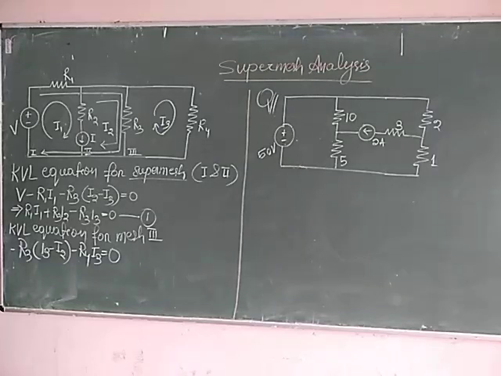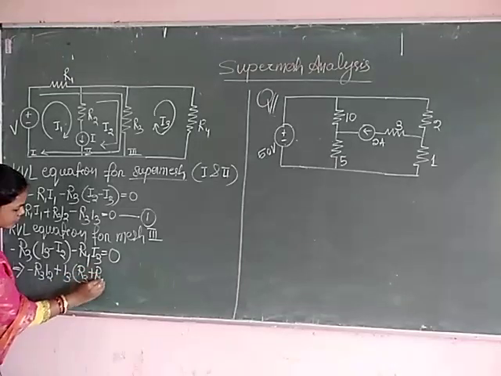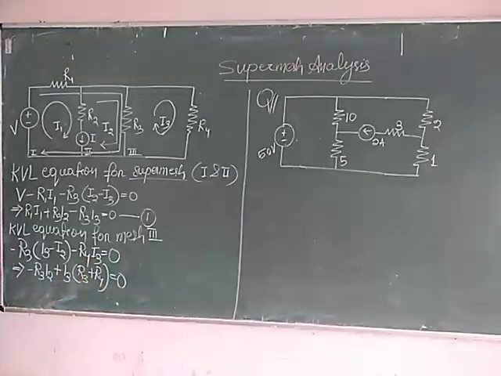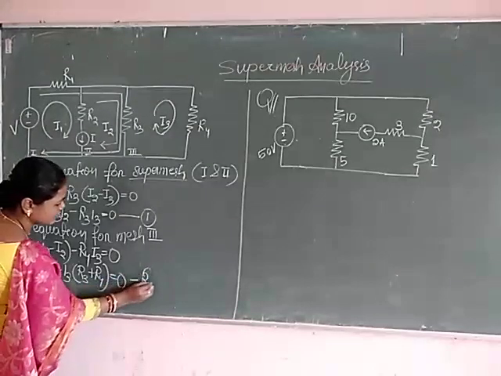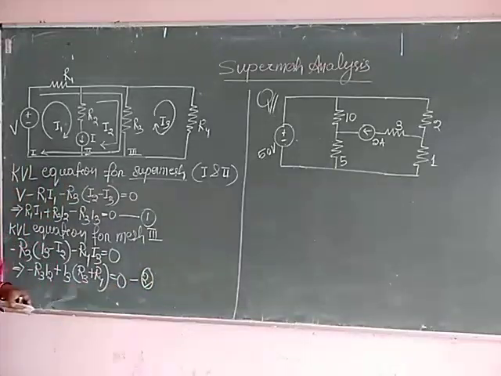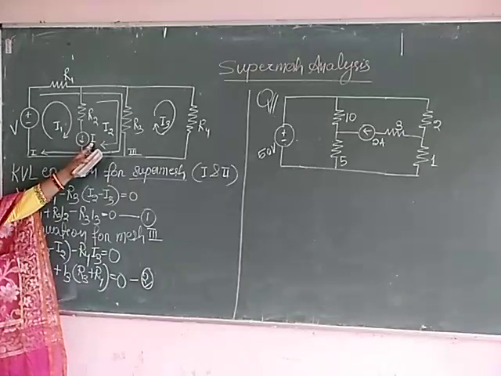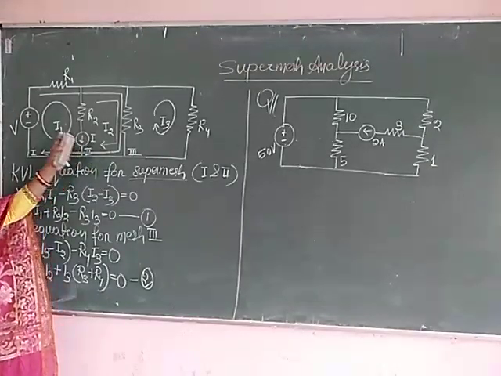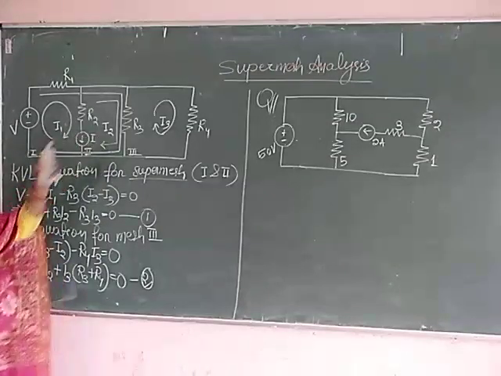If you simplify this equation, you get, take it as equation number 2. Then the current I is the resultant current of I1 and I2 both.